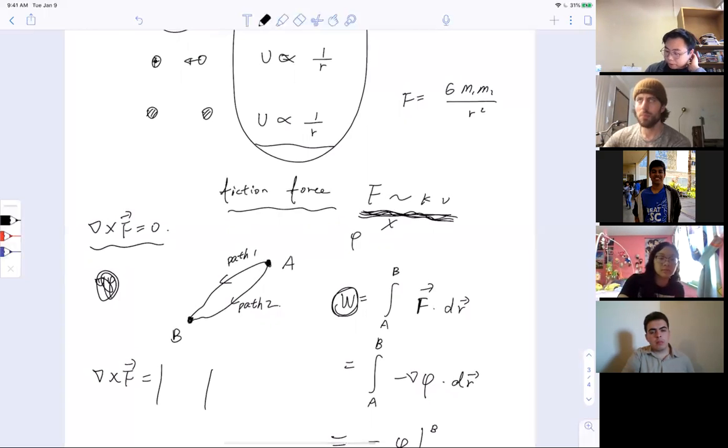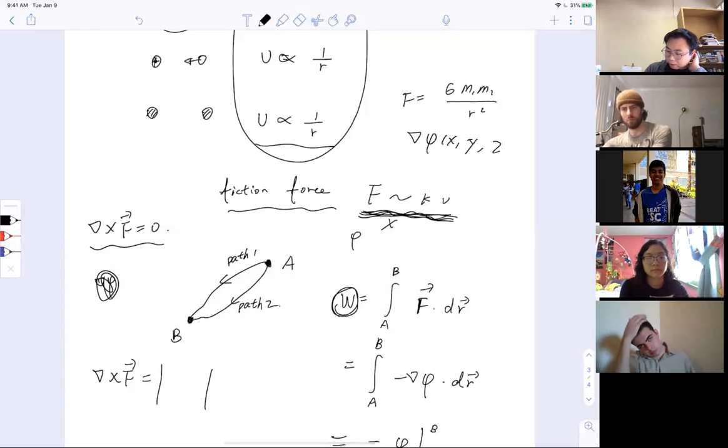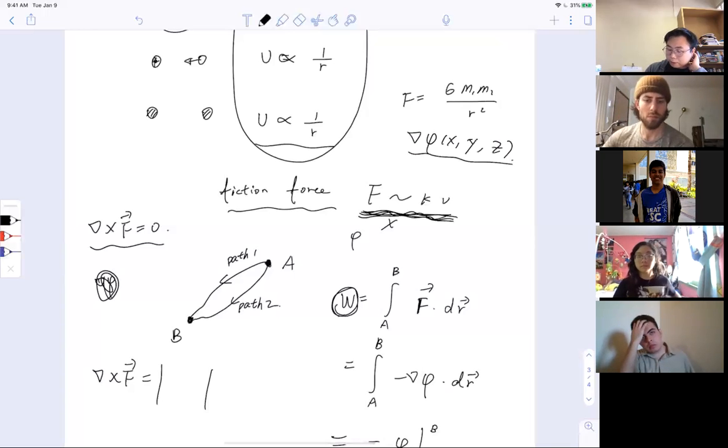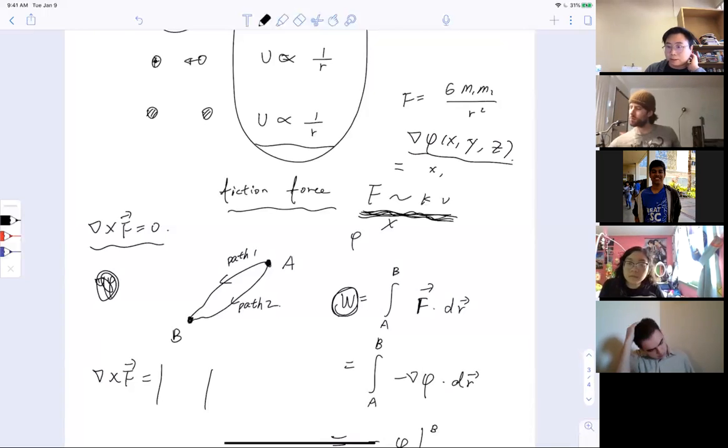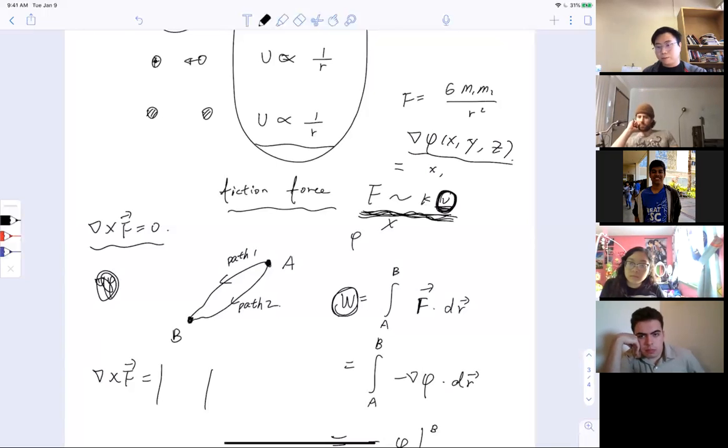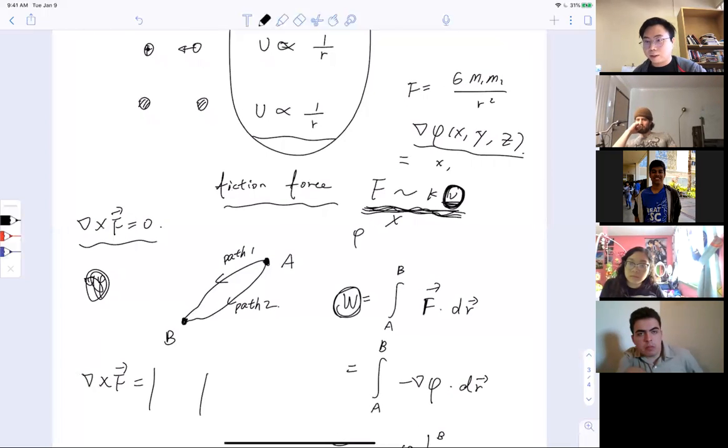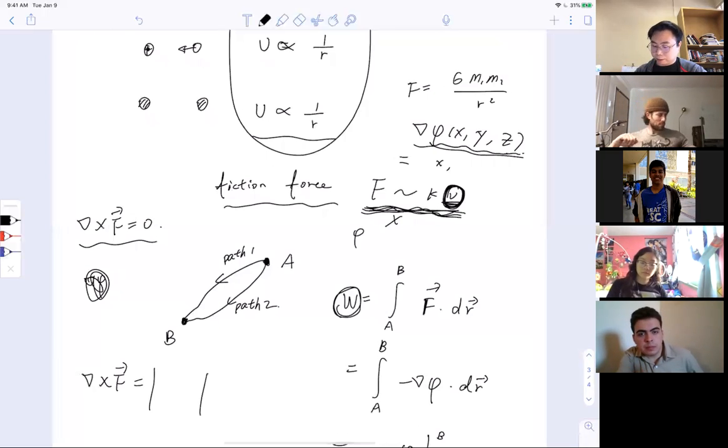It's non-zero. And you can imagine, if I can assign such an energy potential, then you always get some force that only depends on the position, right? But here you have a dependence on the velocity. There's no way to get a velocity dependent force from an energy potential like this.